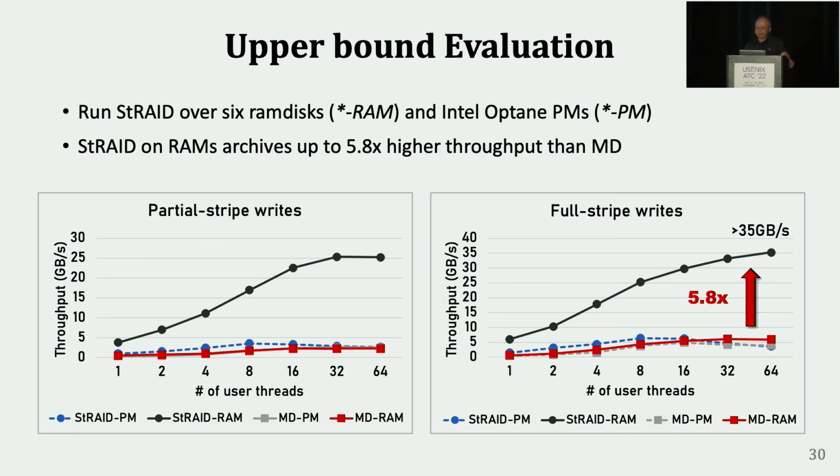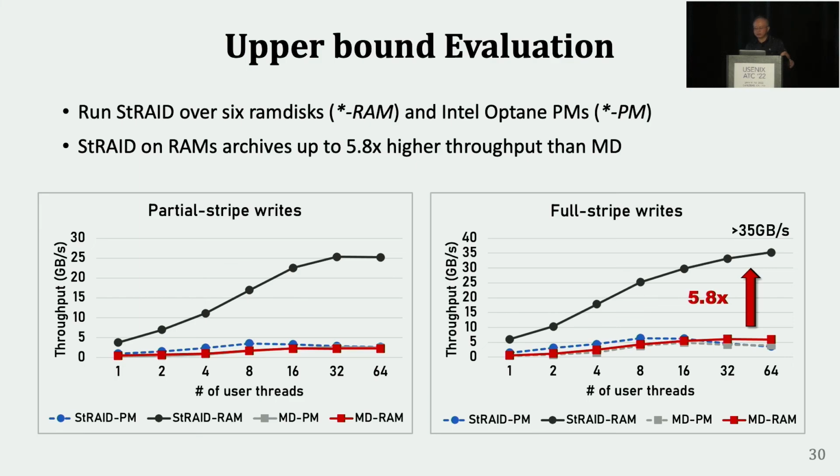We find that StRAID on PMs shows up to 25% higher throughput in partial stripe write than that on SSDs. This is because PM has one order of magnitude lower read latency than SSDs. Thus, StRAID could handle stripes more efficiently.